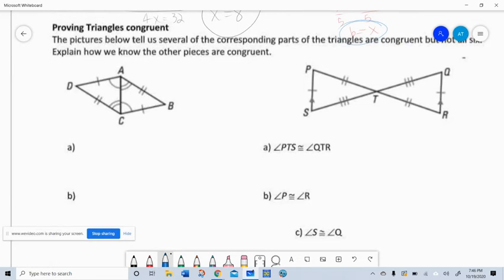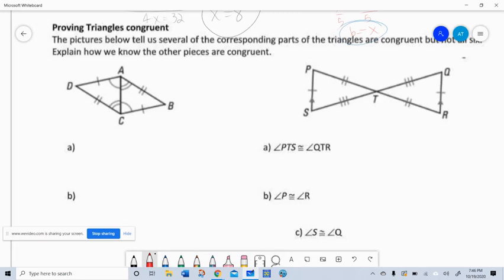So if we want to prove that triangles are congruent, then we need to look and see if the pieces of the triangles are also congruent. This is a little bit sneaky, but is good stuff to think about. So do we know that these two triangles are congruent? Triangle ABC and triangle ADC.